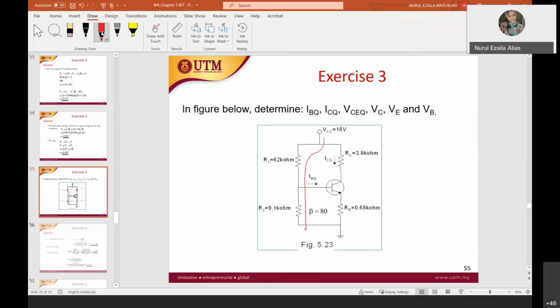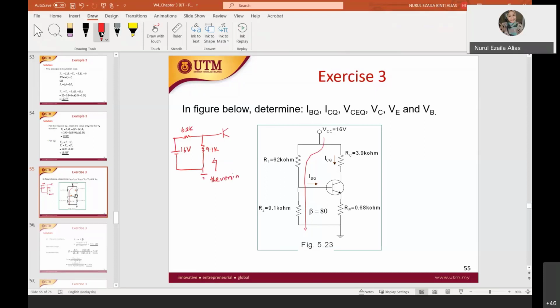This is 9.1K, and then you have 62K, and then you have this 16 volt. So you solve the Thevenin.